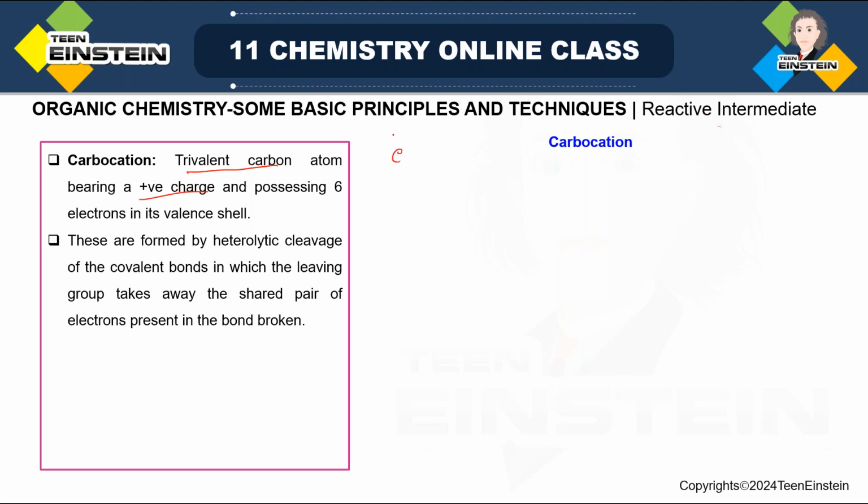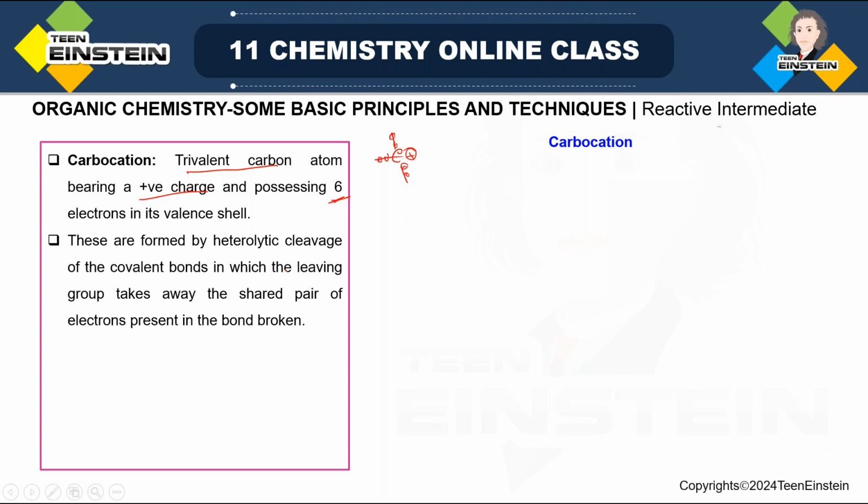Because if you consider a normal carbon where 4 bonds are present, that is neutral carbon I am talking about, with all these 4 bonds there will be total 8 electrons surrounding carbon, but now there will be only 6. Why? Because now one of the bonds is not present, instead there is some positive charge. So total number of electrons surrounding carbon is only 6.